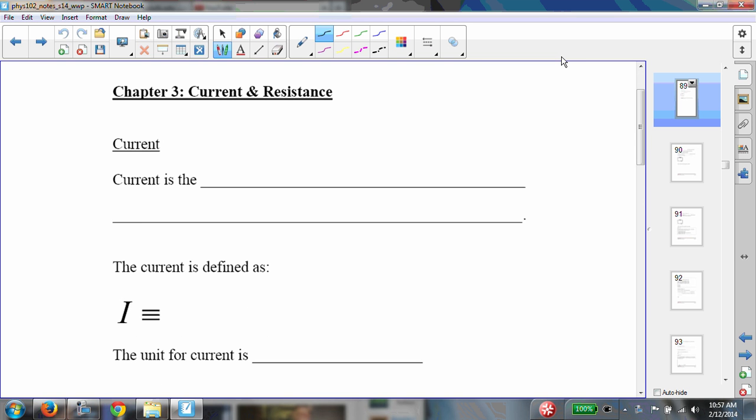Current is the rate at which charge flows past a point in a given time.